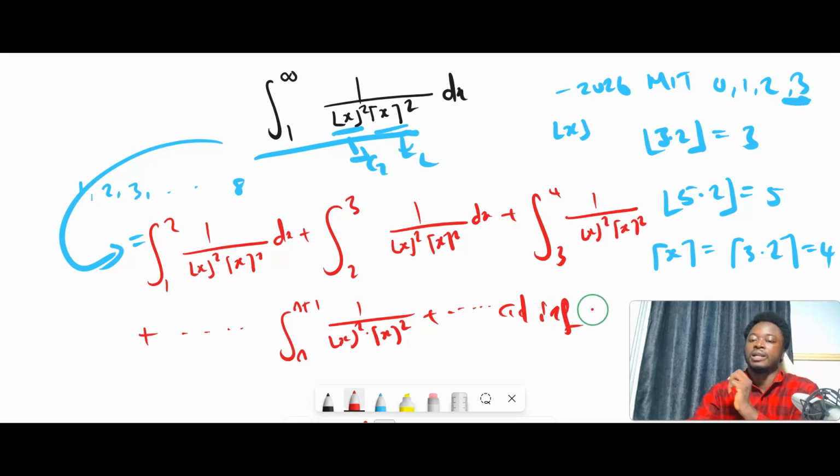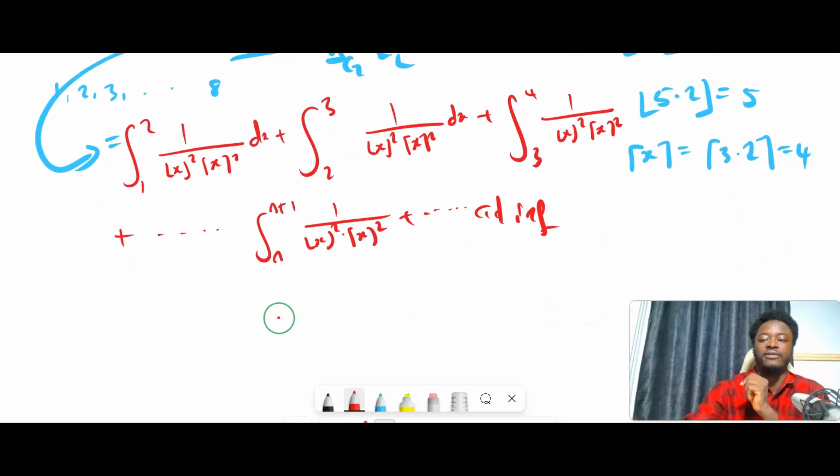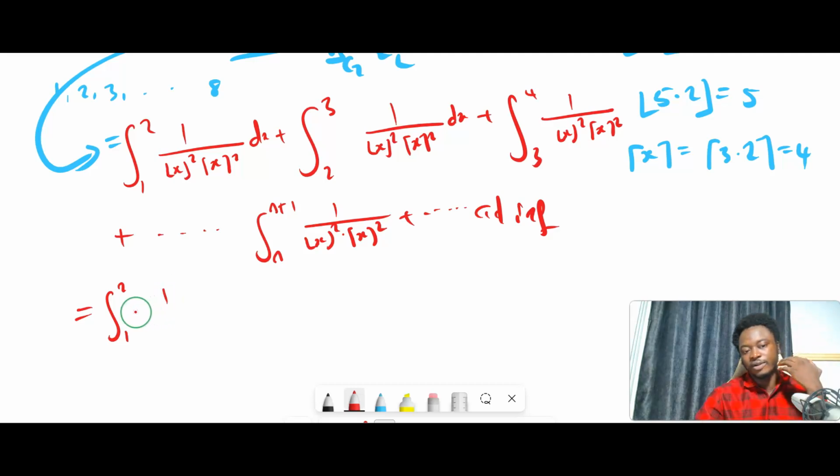Now, in each of these intervals, what does the integral equal? In the first interval, between 1 and 2, the floor of x equals 1 and the ceiling of x equals 2, so we have the integral from 1 to 2 of 1 over 1 squared times 2 squared dx.